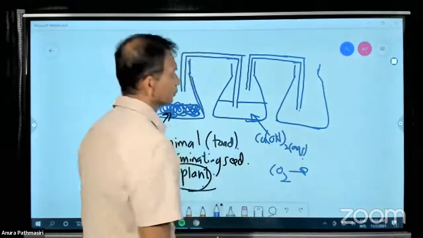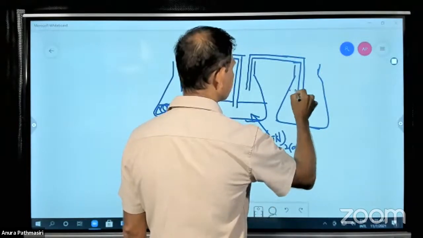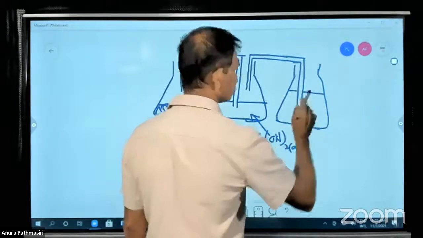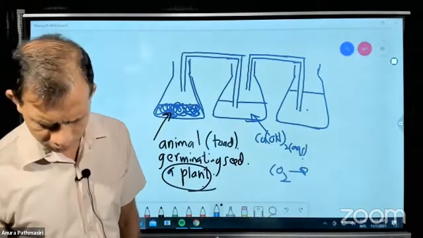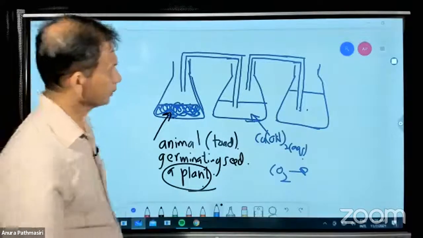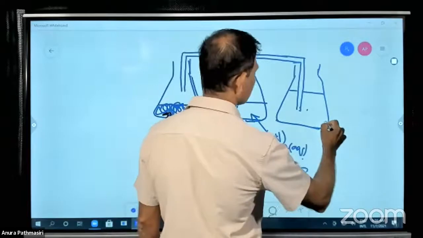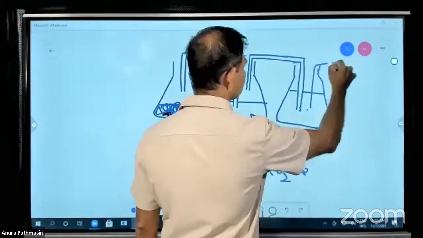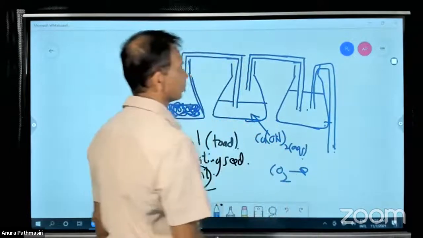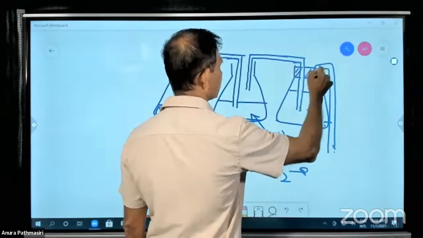Here you kept the water, and from this one, the water is removed, right? Then you tightly close this one, right?